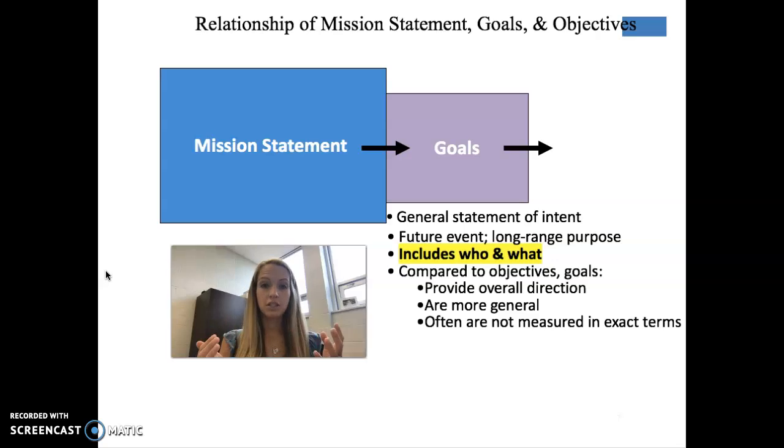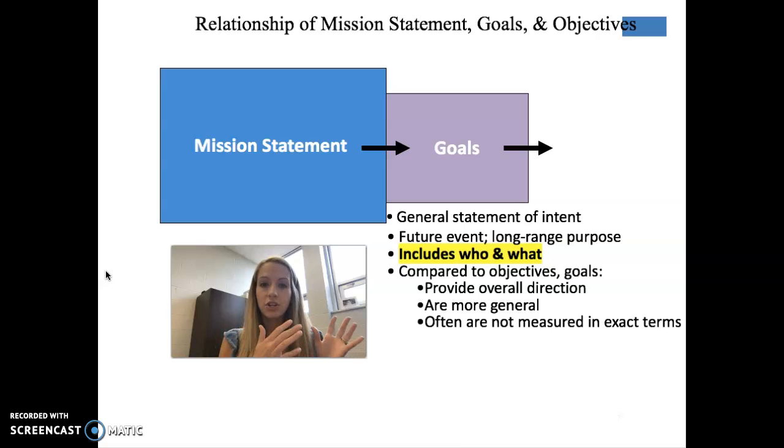Compared to objectives, which is the next level, goals are a little bit more general. They provide just an overall direction. Where are we headed, right? And they're often not exactly measurable in specific terms. So again, they're a little bit more broad, not quite as broad as that mission statement, but a little bit more broad than objectives.